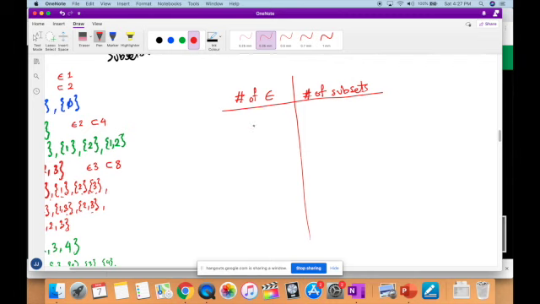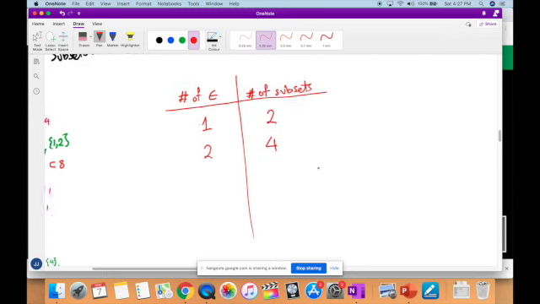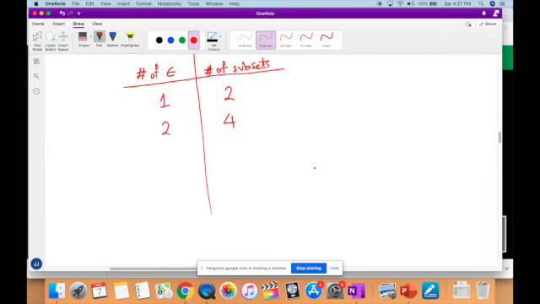Alright? And then we'll say, okay, so when it had one element, it had 2 subsets. When it had 2 elements, it had 4 subsets. When it had 3 elements, how much did we get? 8 subsets.